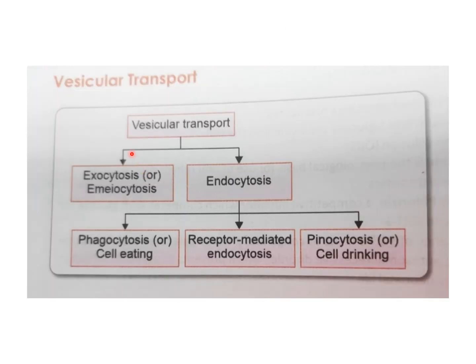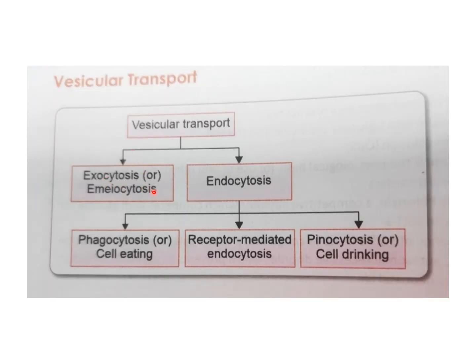Now the last type of transport is vesicular transport. We have gone through passive transport, diffusion and osmosis. We have learned about osmotic pressure and osmolality, and then we have gone through active transport, primary and secondary. So the last portion remaining is vesicular transport. Vesicular transport can be of two types.